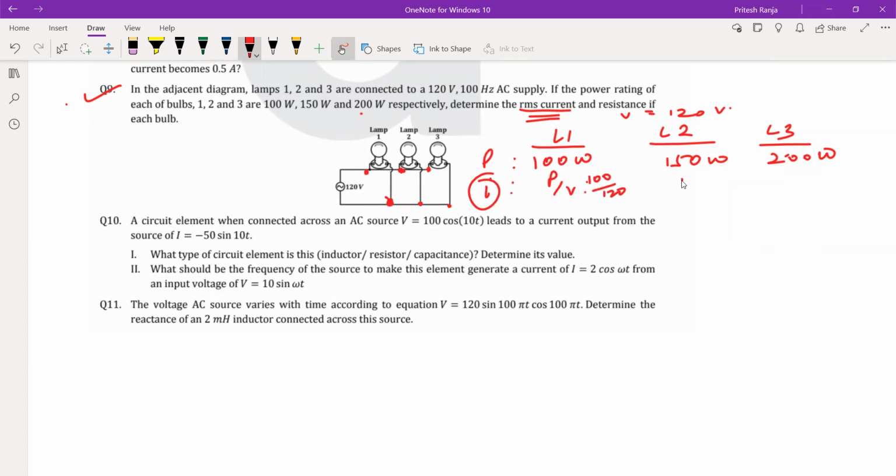Here we do 150 by 120, here we do 200 by 120. Once we get current, we have voltage, so we can get the resistance of the bulb in each case. Very simple.